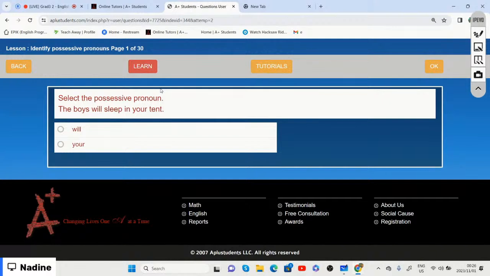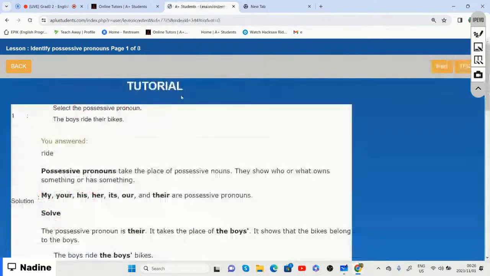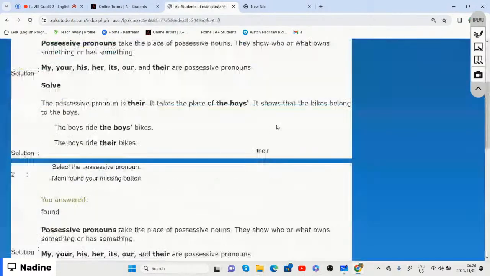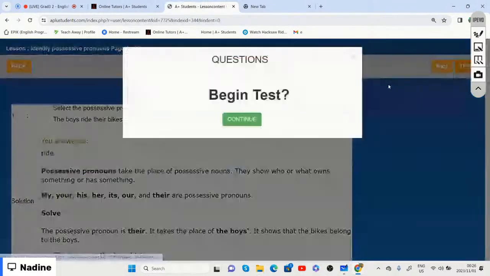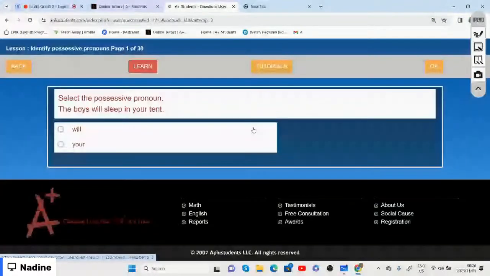Is it either will sleep in your tent or your? So we will say will sleep in your tent. Oopsie. So we say that the boys will sleep in your tent.